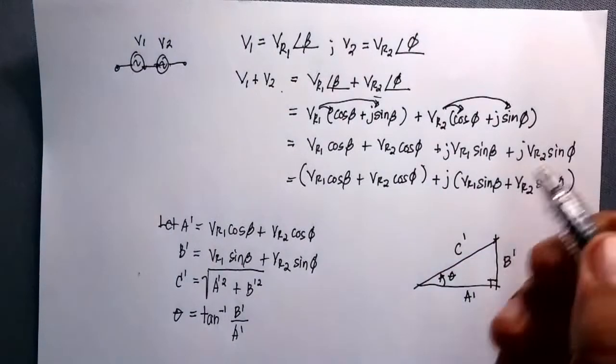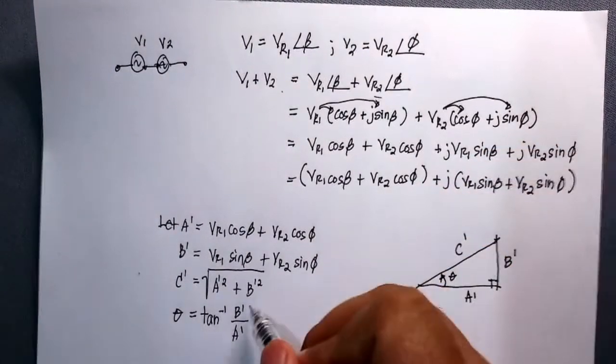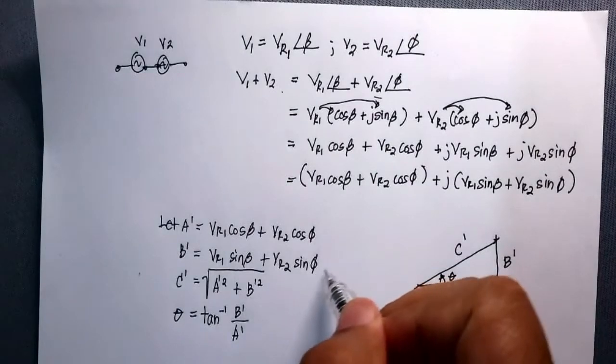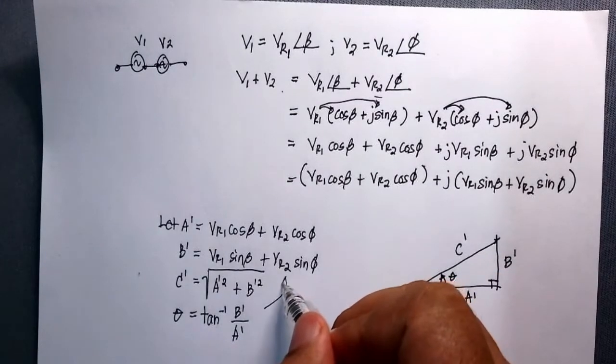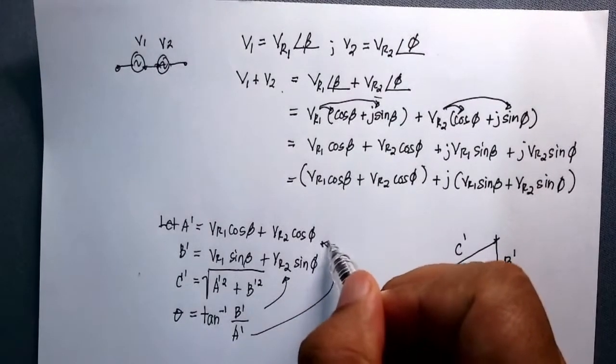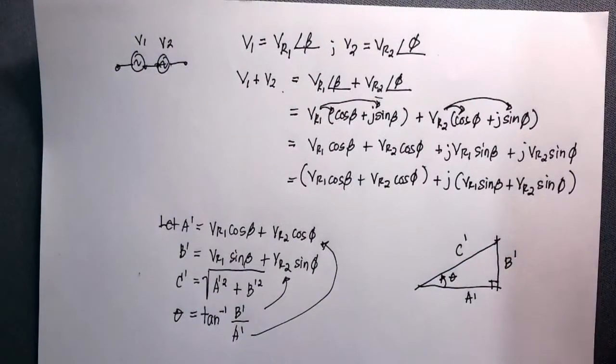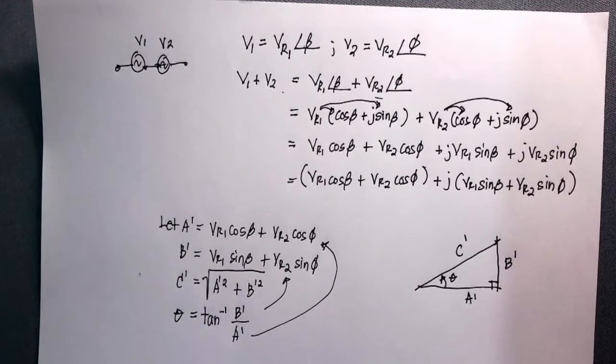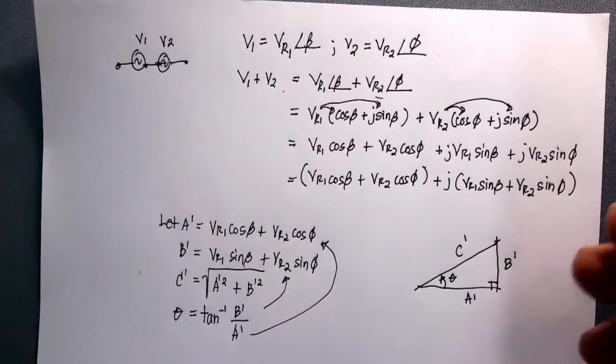You just substitute B prime, which is this value, and A prime, which is that value. So this is how you do the addition of sources expressed as functions of time in Phasor representation. It's just so easy.